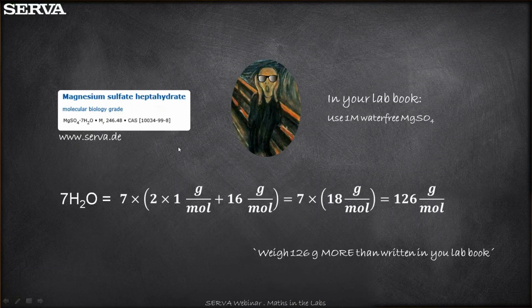But after this webinar, we stay cool because we can calculate the molar mass of this heptahydrate. This would be 2 times 1 gram per mole for hydrogen plus 16 gram per mole for oxygen, times 7, and you get 126 grams per mole of crystal water you have inside this ordered product.